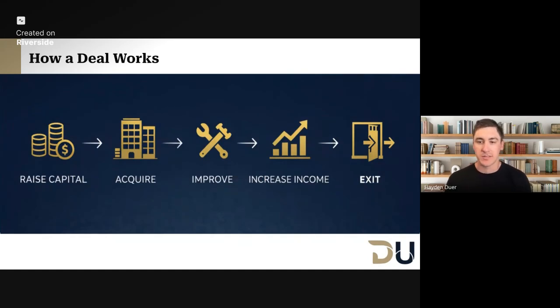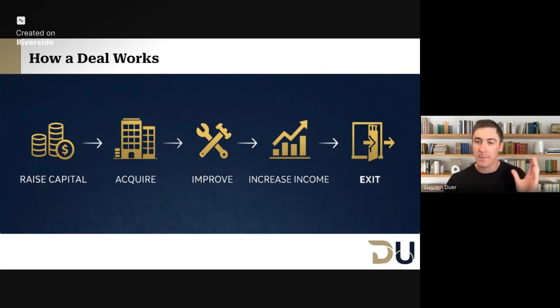Now, how a deal works, as I mentioned, we source the deal, we raise the capital for the project, and then we acquire it. From there, all of us as general partners make the improvements if it's a value add deal. So we go in, we optimize the operations and reduce expenses as much as we possibly can. We improve the income through forced appreciation or renovations.